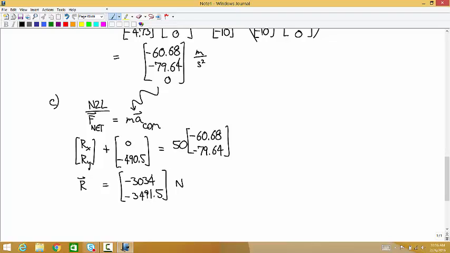Do you always have to consider the center of mass of the rod? For Newton's second law, Newton's second law only tells you about the acceleration of the center of mass. I was halfway there, but the only thing I didn't add was the negative 490. So I wasn't sure.